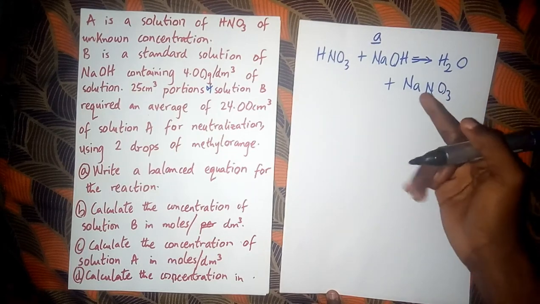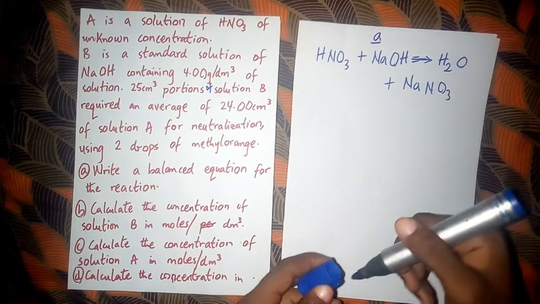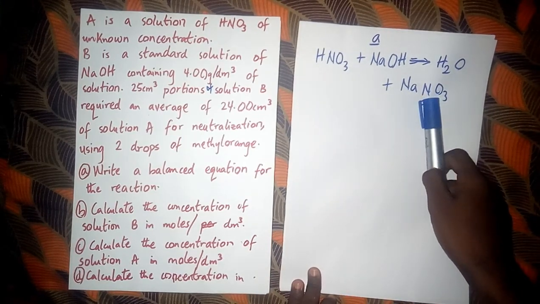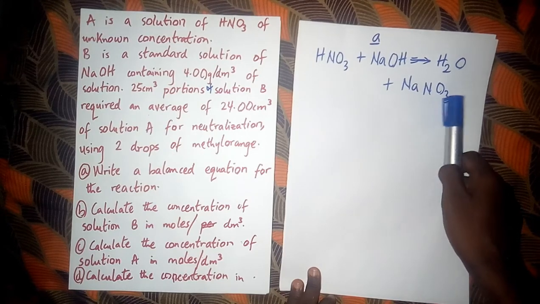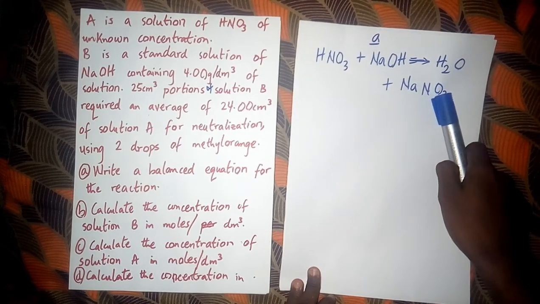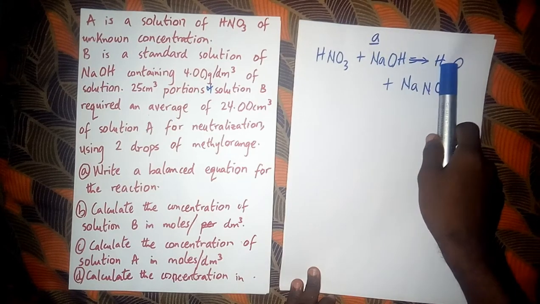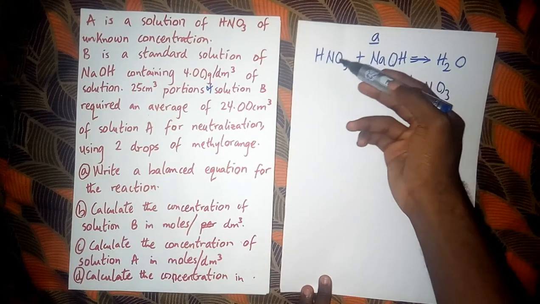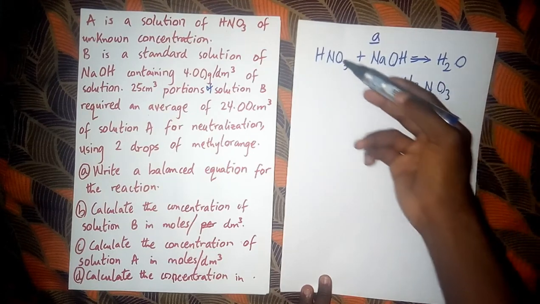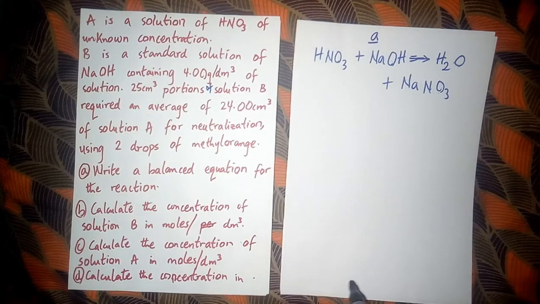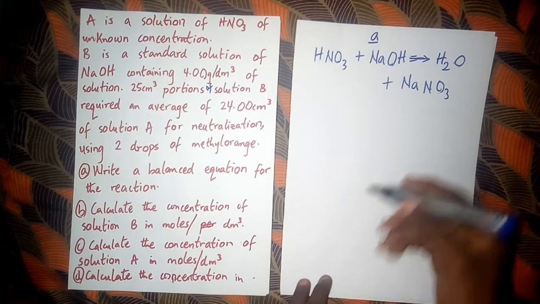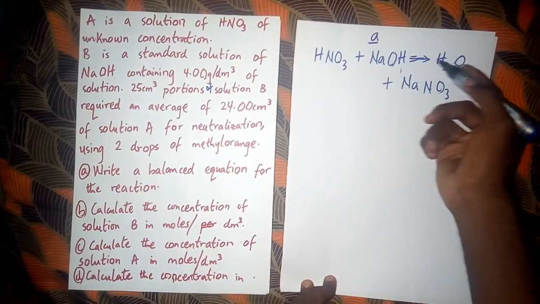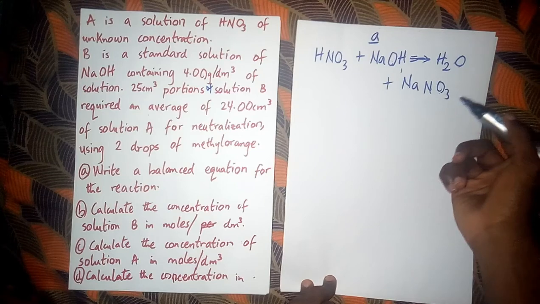The equation is already balanced: one sodium, one nitrogen, 4 oxygen, and 2 hydrogen on each side. So that's our balanced equation: HNO3 plus NaOH gives H2O plus NaNO3.